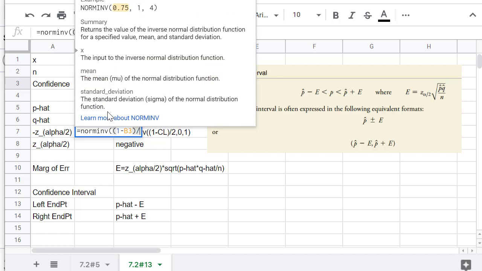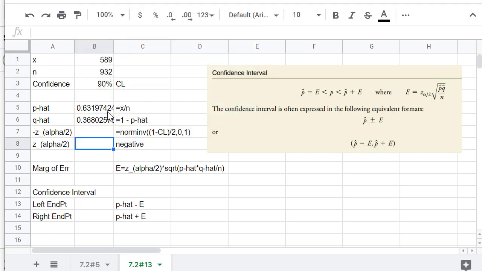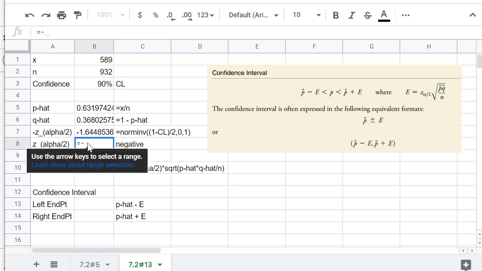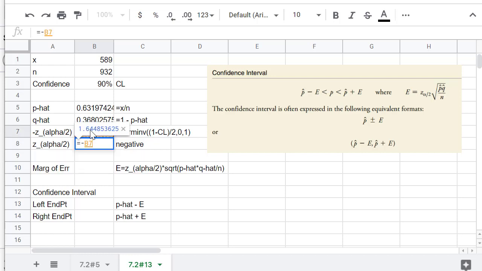Close the parentheses, so let's divide that by 2. Our mean is 0, our standard deviation is 1. Notice that our value is negative, so to make that positive, let's just say equals, and then the negative of a negative is a positive. So it's the negative of that, which is going to be a positive.